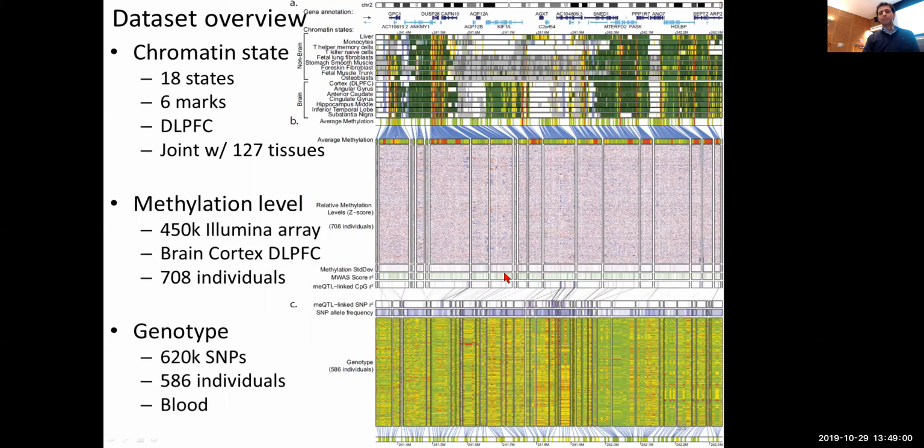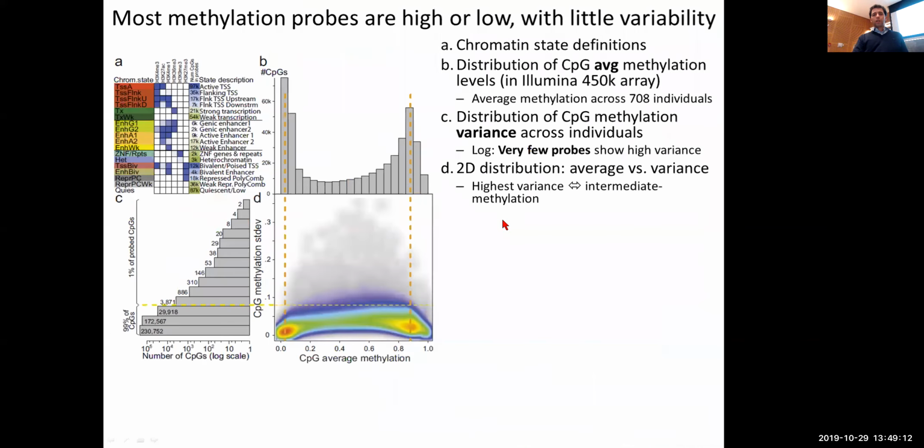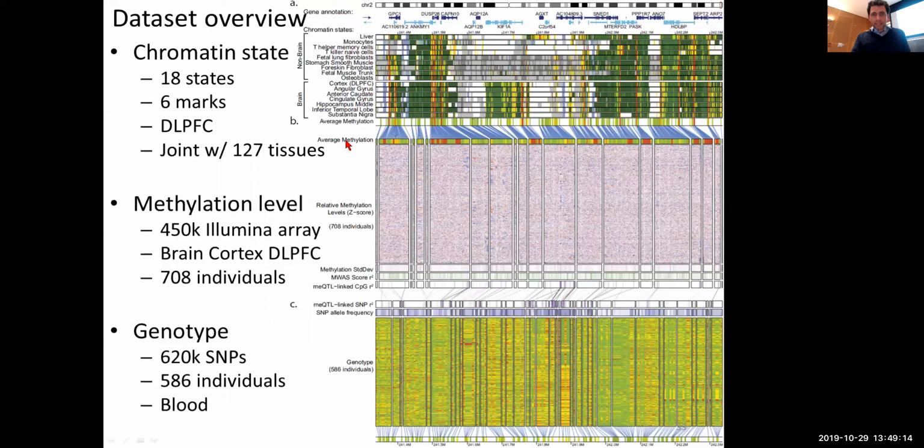Most analyses are basically treating all methylation probes as equal. But what we found is that, in fact, the specific chromatin state that these probes fall in dictates a lot of their behavior. And in particular, if you look at the average methylation of different probes and the average variation in the methylation, for example, the standard deviation of methylation, we found that it varied dramatically between genetic variants falling in different types of chromatin states.